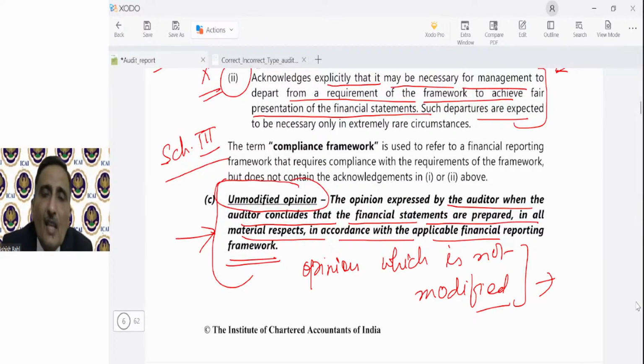Then in such a case, the auditor expresses an unmodified opinion. There are no ifs or buts in it. Okay, is that clear? What is an unmodified opinion?